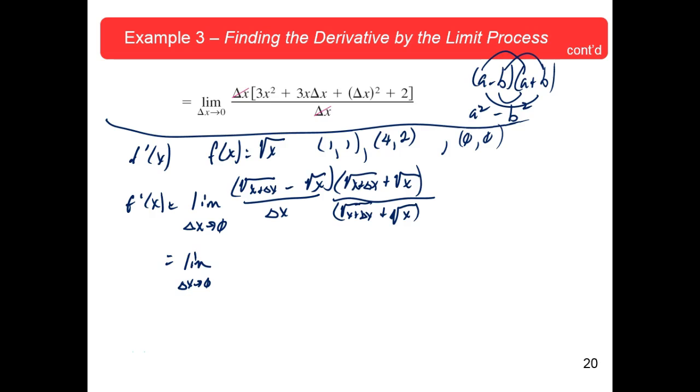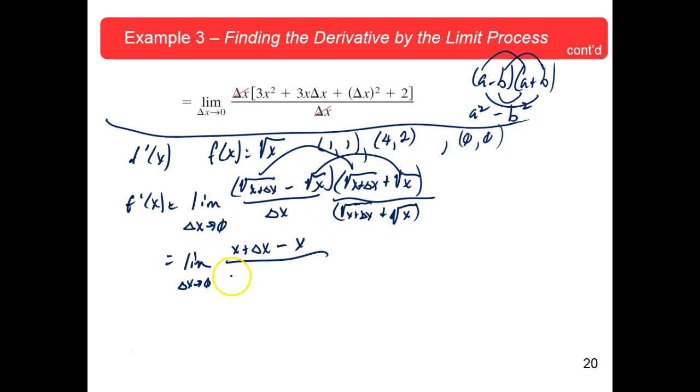So what would that be in this case? These two multiplied together are the same thing. What does that give you? X plus delta x. The square roots go away, right? When you square a square root, you lose it. Minus x. Excellent.